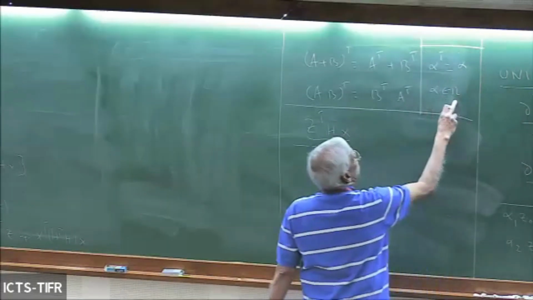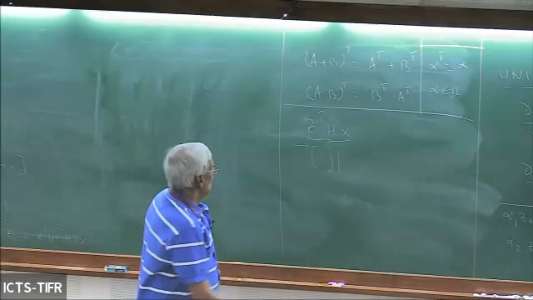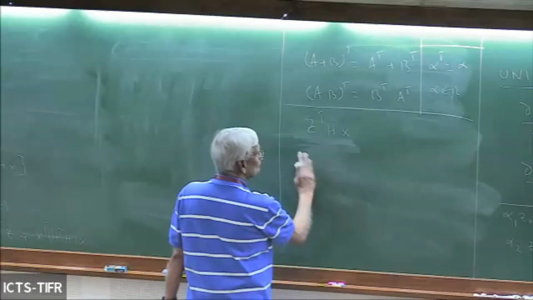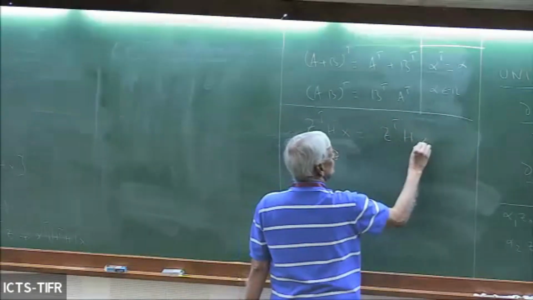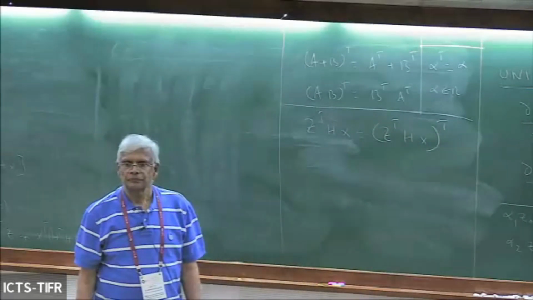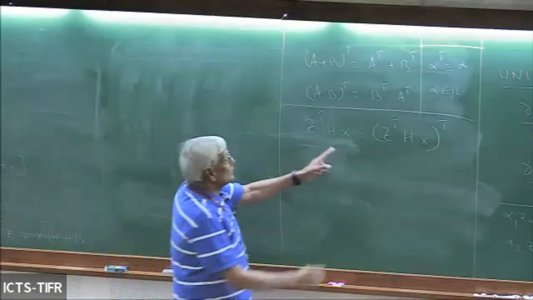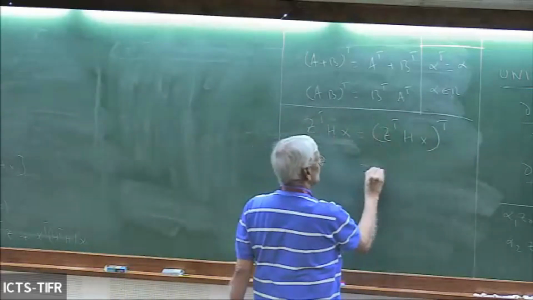If alpha is a real number, transpose of alpha is alpha. And this is a scalar. So according to that rule, this is equal to its own transpose. But the transpose of the product is the product of the transposes taken in the reverse order.